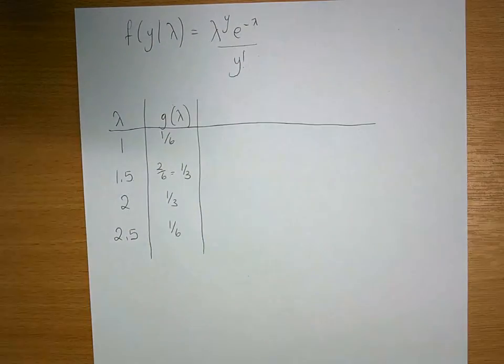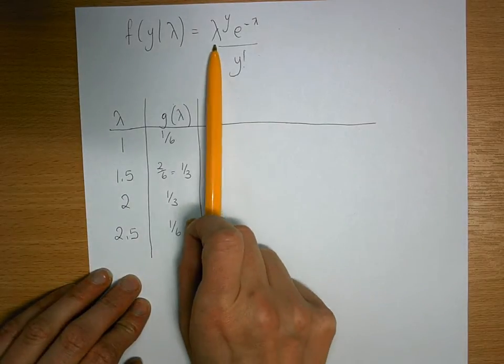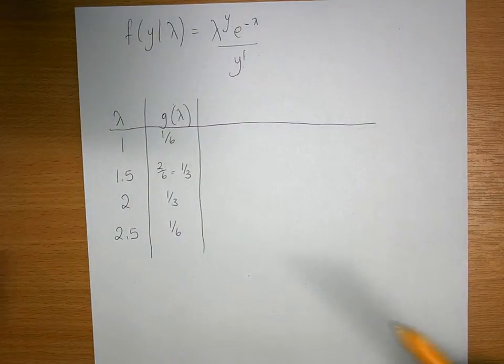Okay. And now you're told, I've observed y equals 2. So I did kind of an experiment, and I observed a count of 2. And I want, based on that, to update my best guess as to the value of lambda.